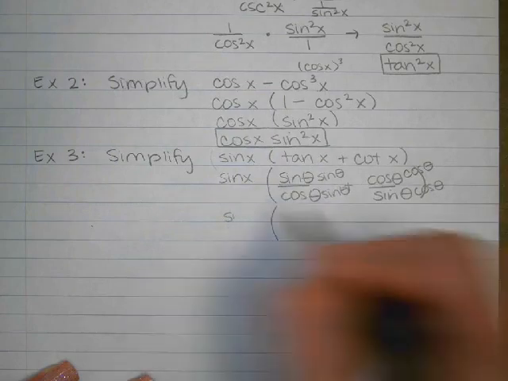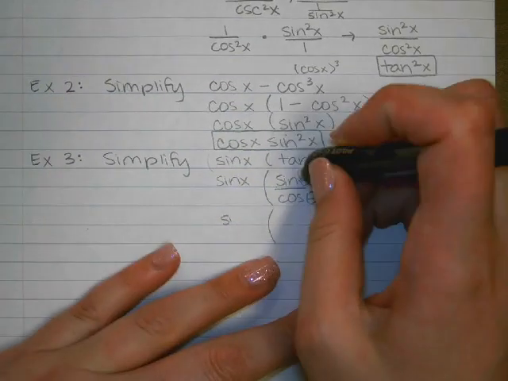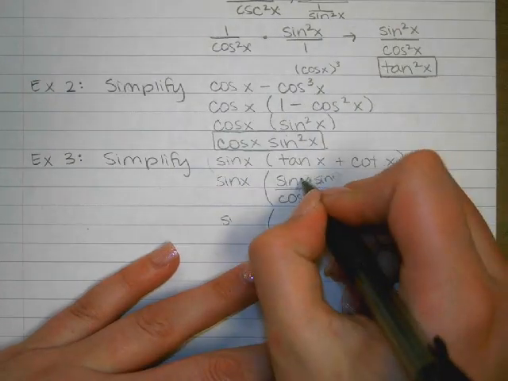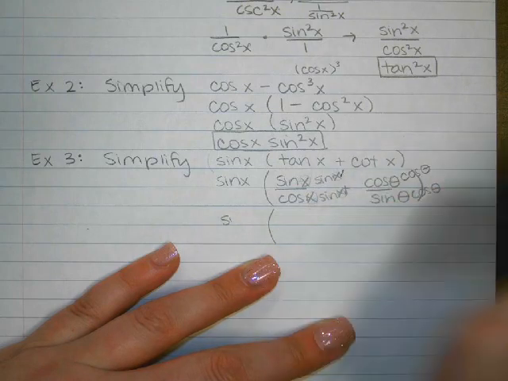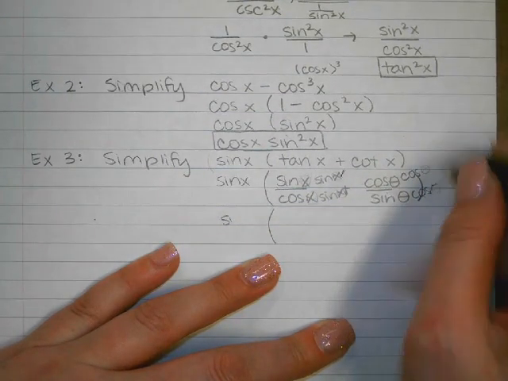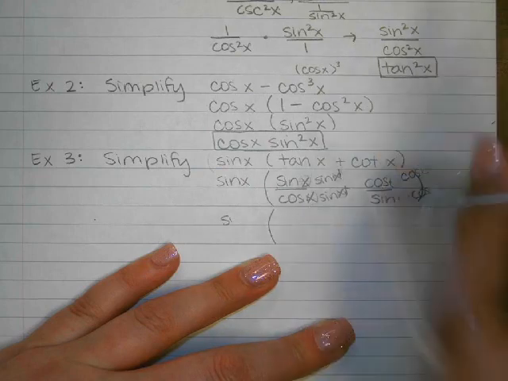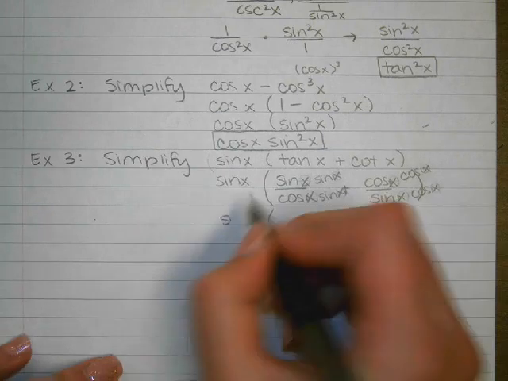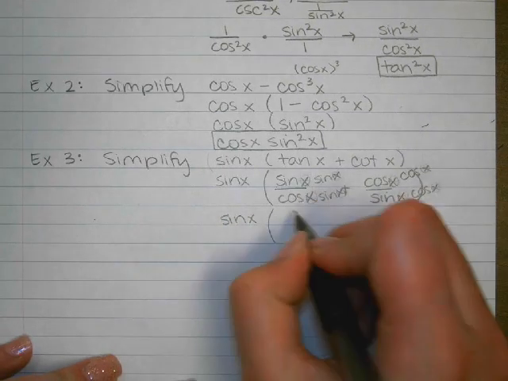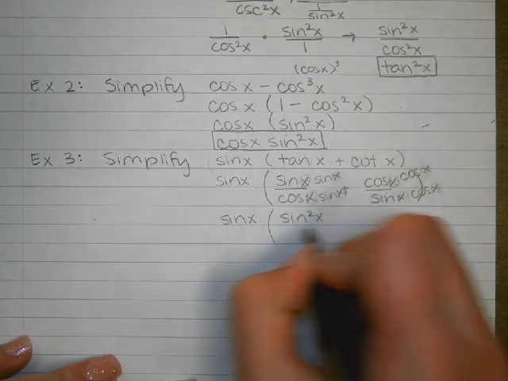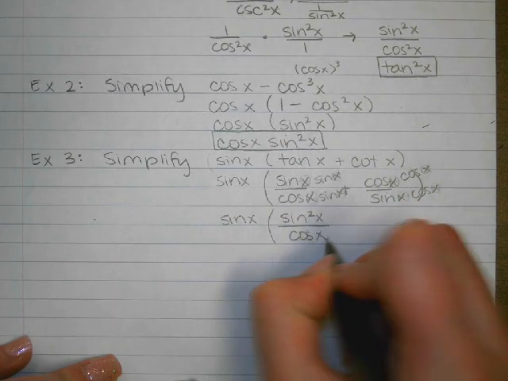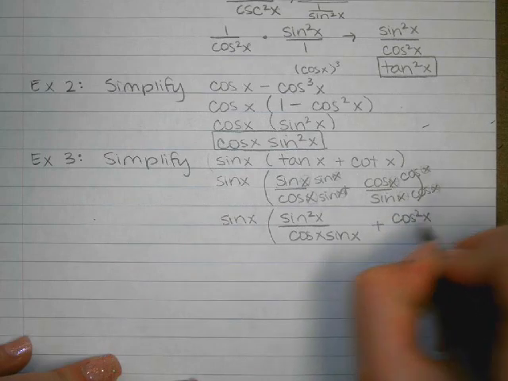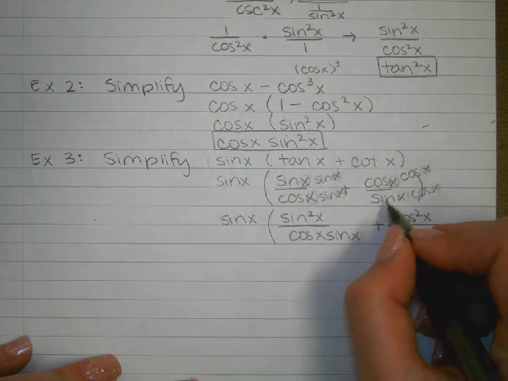So I still have, I switched to thetas when I should have kept all those as x's. Okay, so I still have the sine x in the front, and then inside I have sine squared x over cos x sine x plus cos squared x over cos x sine x, or sine x cos x.